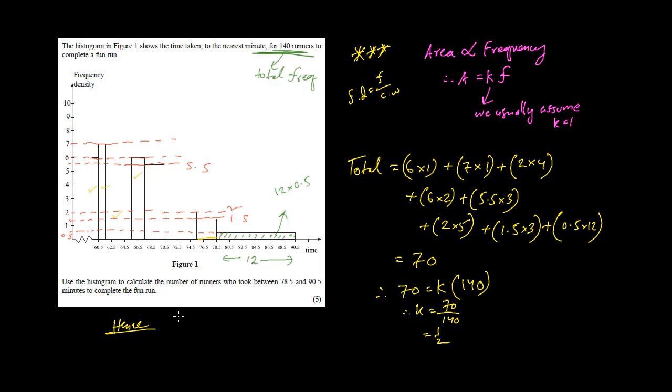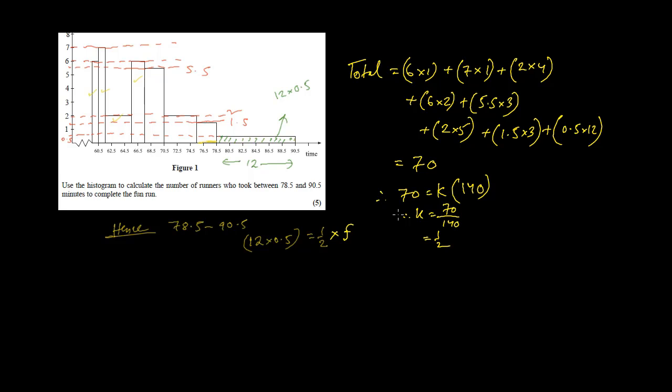Hence, for 78.5 to 90.5, we can find that the area is 12 times 0.5, because class width is 12 and frequency density is 0.5. So 12 times 0.5 equals k, which is half, times frequency.